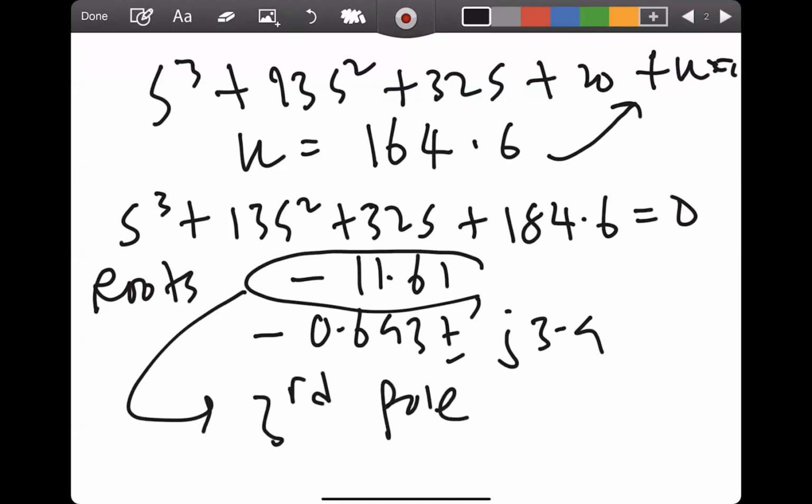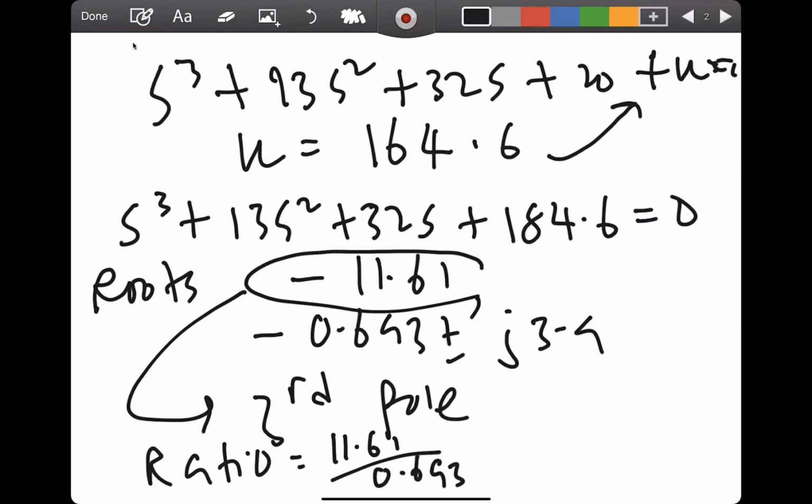So is it valid or not valid? We have to find a ratio. The ratio is 11.61 divided by 0.693.